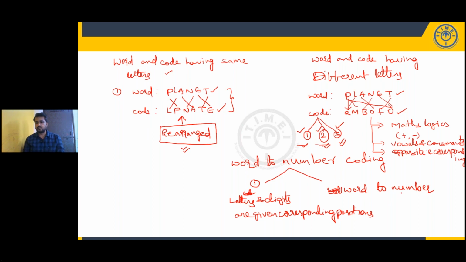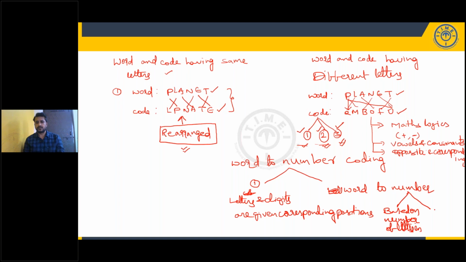And word to number code, when you are checking the logic from word to number code, we have to check it in two ways. One is based on number of letters in the word.